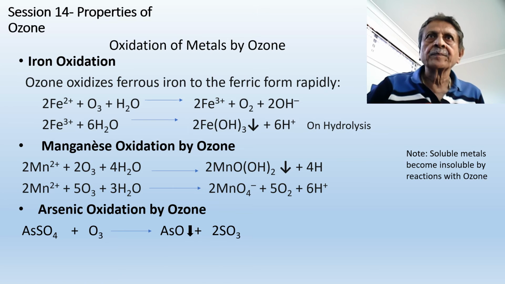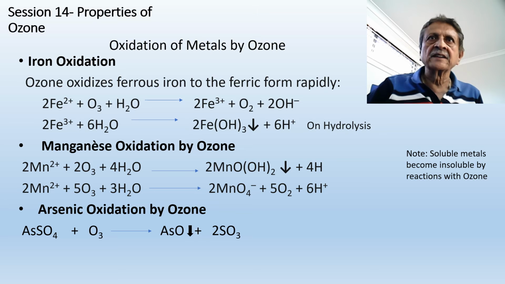For example, presence of iron will provide tea that will be green in color. So in order to remove the iron, all we have to do is pass ozone, and the ferrous iron will immediately deposit as ferric hydroxide, or more or less a brownish reddish precipitate that can be just filtered out.